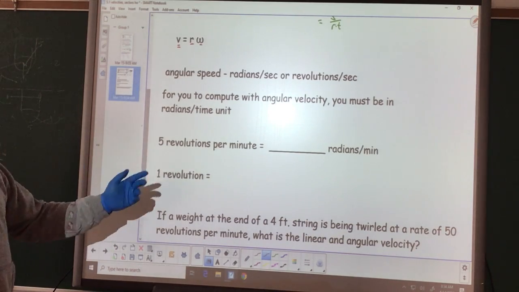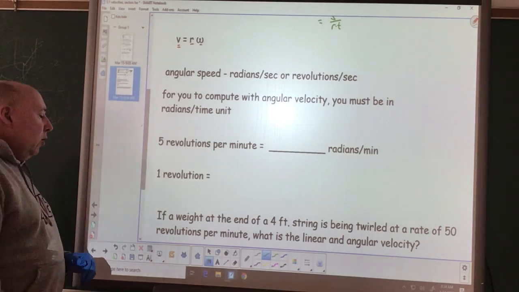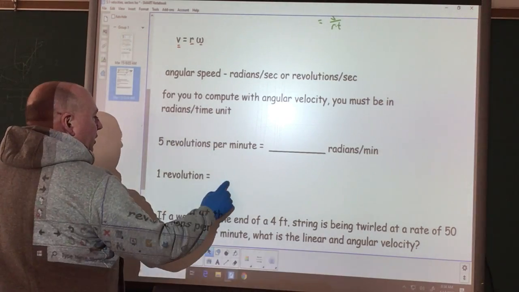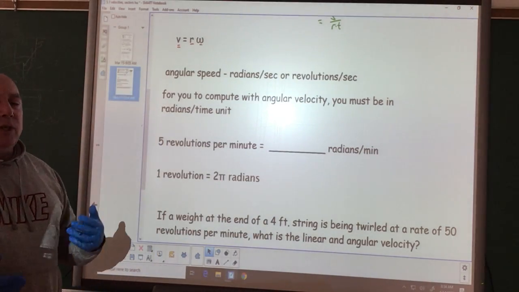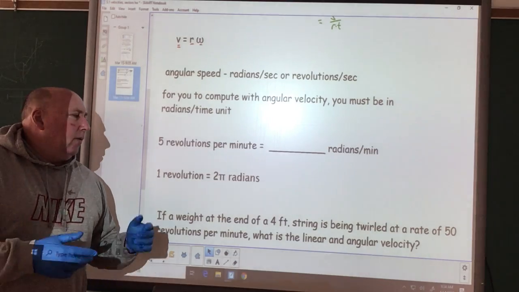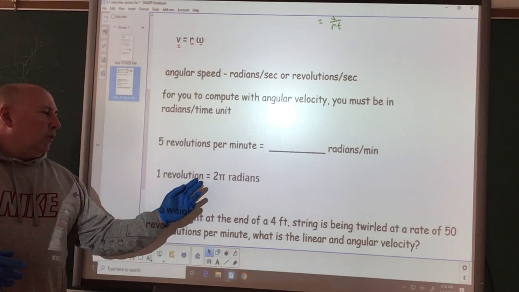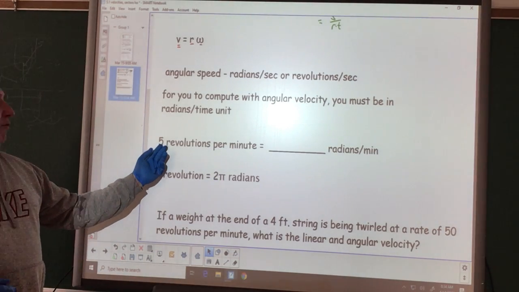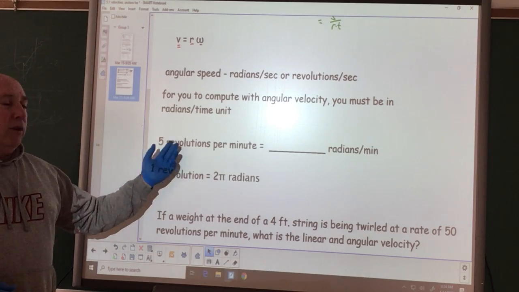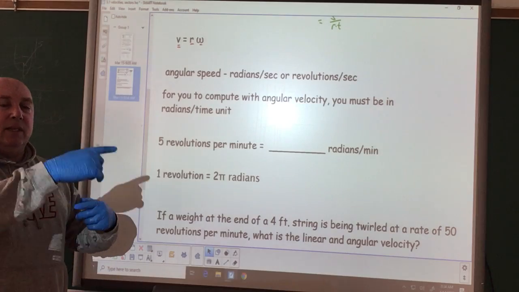So if we take a look at 5 revolutions per minute, what is the radians per minute? If I take a look at 1 revolution, that's equal to 2 pi radians. One revolution, once again, 1 time around the circle, is equal to 360 degrees, which is 2 pi radians. So if I go 5 revolutions, I've gone around the circle 5 times.